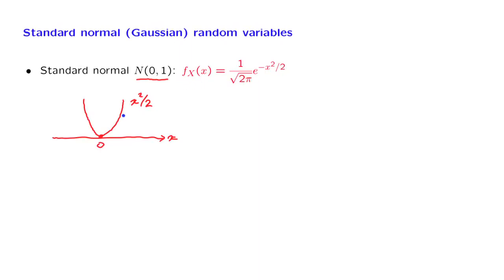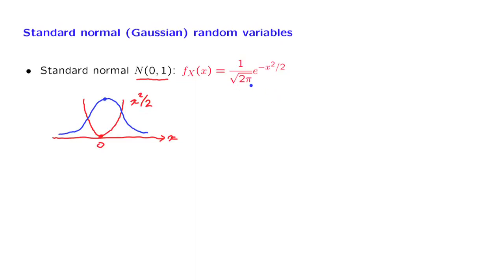Now, when you take the negative exponential, whenever this thing is big, the negative exponential is going to be small. So the negative exponential would be equal to 1 when x is equal to 0. But then as x increases, because x squared also increases, the negative exponential will fall off. And so we obtain a shape of this kind, and symmetrically on the other side as well.